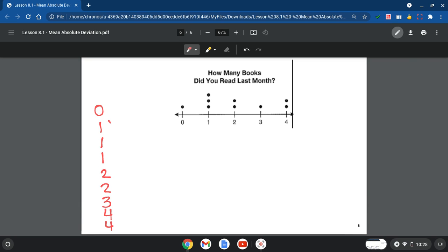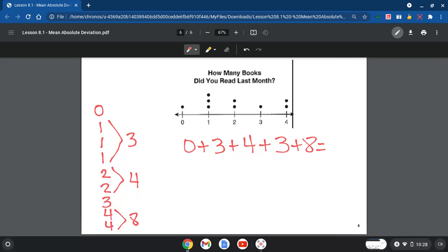So let's find our sum. I know that the 3 ones come out to 3. The 2 twos come out to be 4, and the 2 fours come out to be 8. This makes it a little bit easier to add. So I am adding 0 plus 3 plus 4 plus 8 to give me a total of 18.